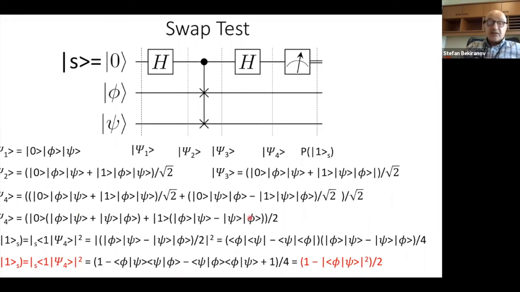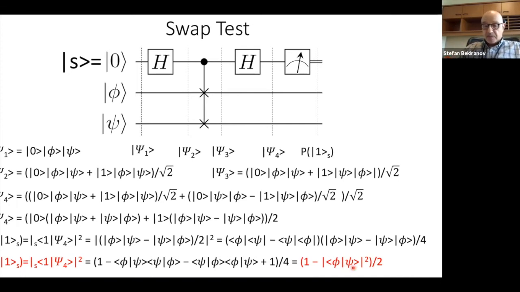And then I take the magnitude squared. That's just the inner product of this state vector with itself. That's not very hard really to do. I'm showing you all the algebra. You end up with this result, that the probability of measuring the swapper qubit in state 1 is 1 minus the inner product between phi and psi squared, divided by 2.